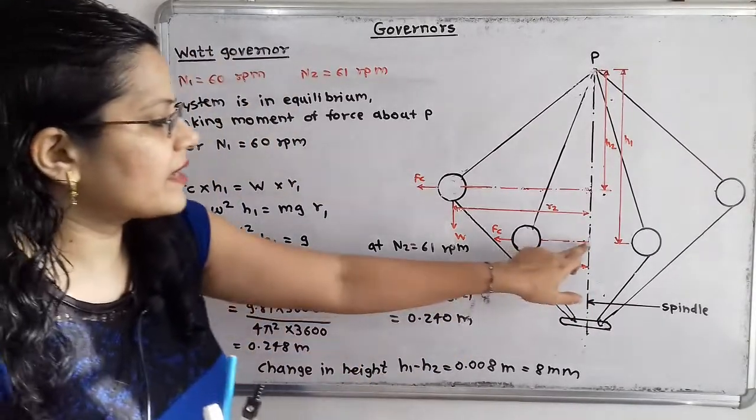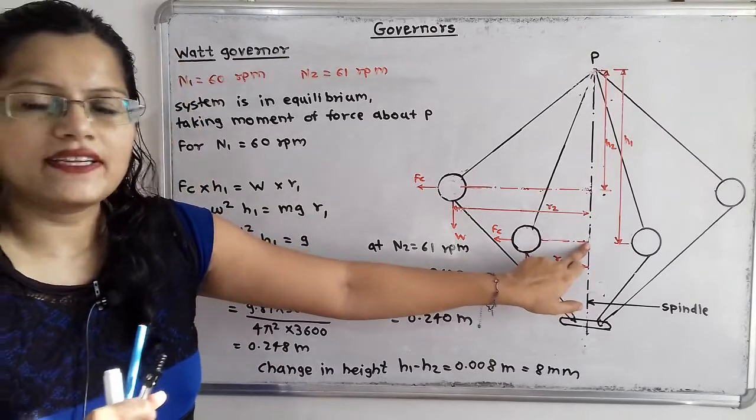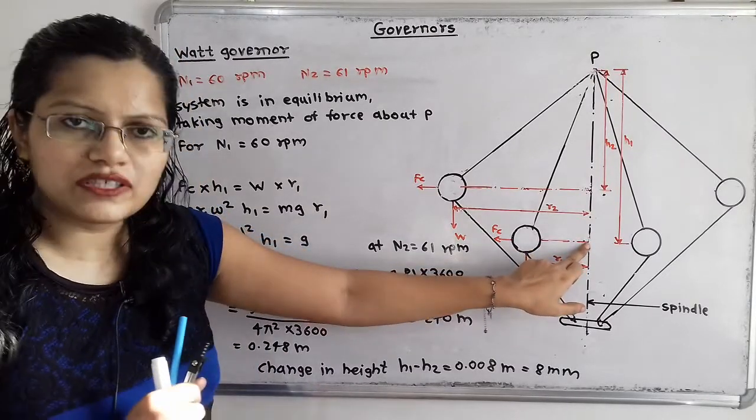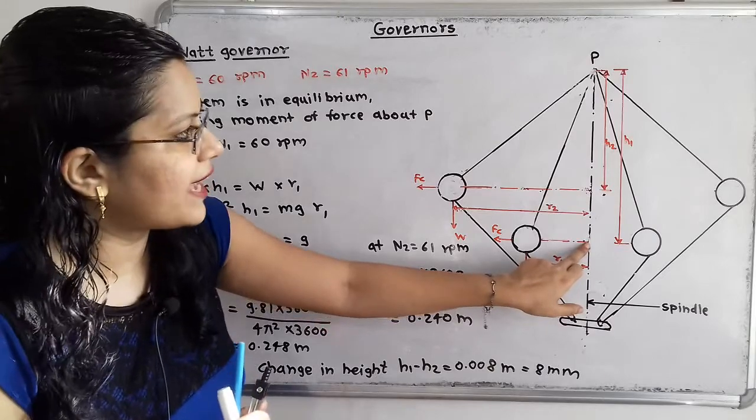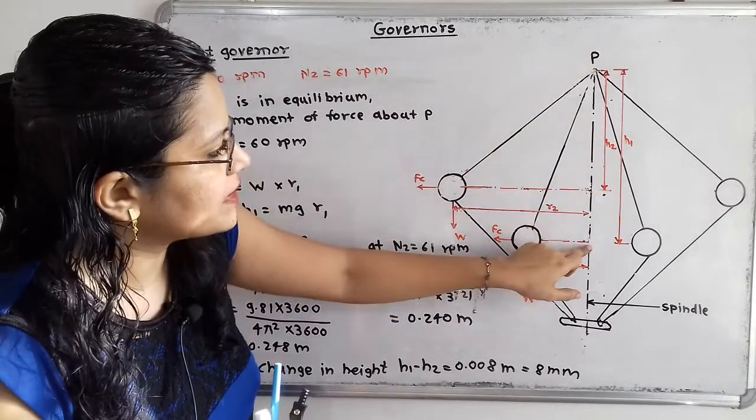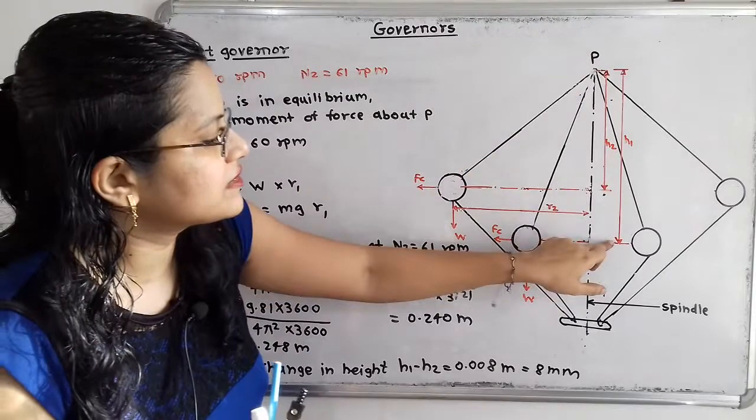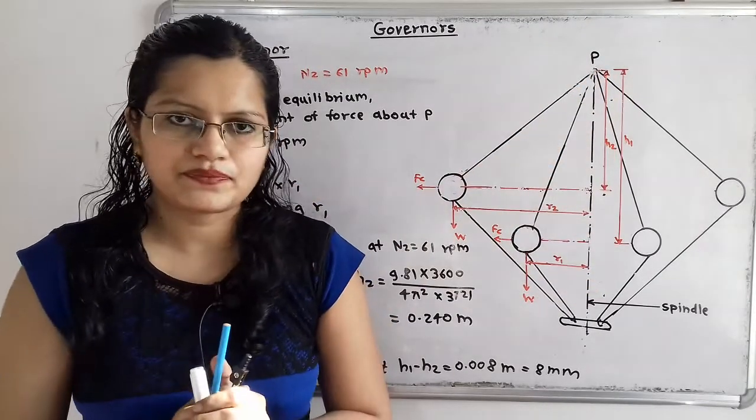The vertical distance from that intersection point up to P is the height h1.